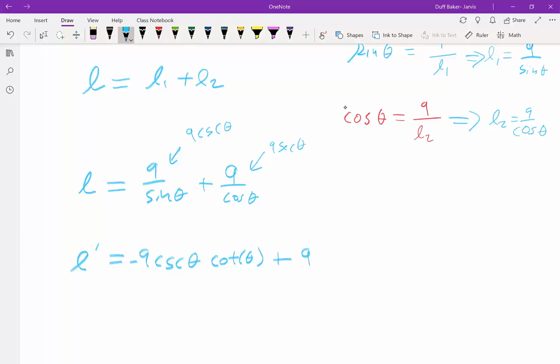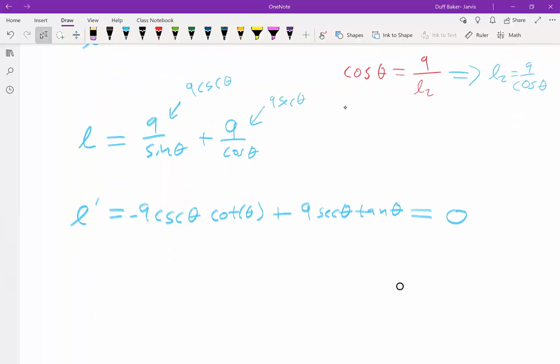And the derivative of secant is secant tangent, secant theta tan theta. And we're trying to figure out where that derivative is 0.